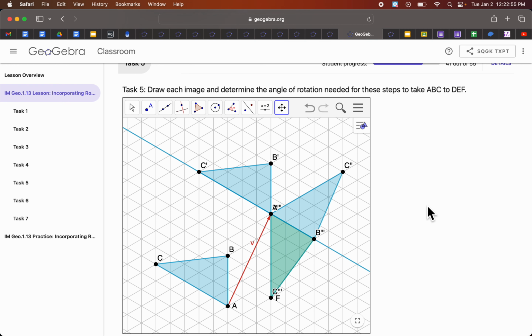Right? 1 step could have done that. Not just sliding, but also rotating. And we could have done it using 1 rotation.